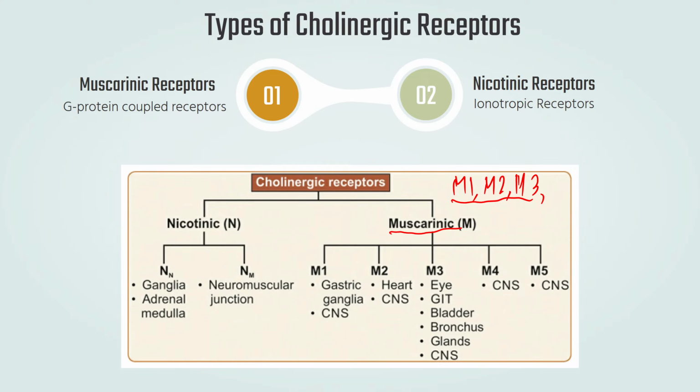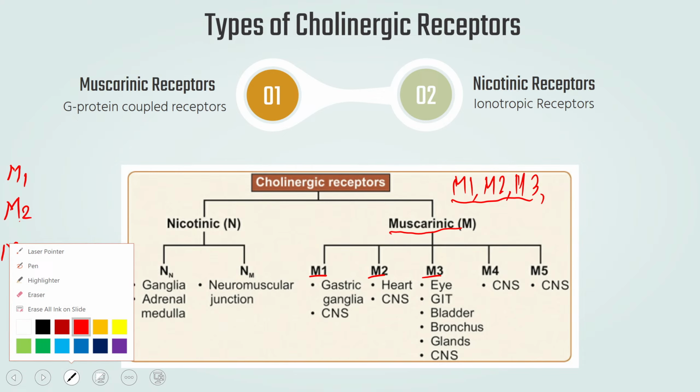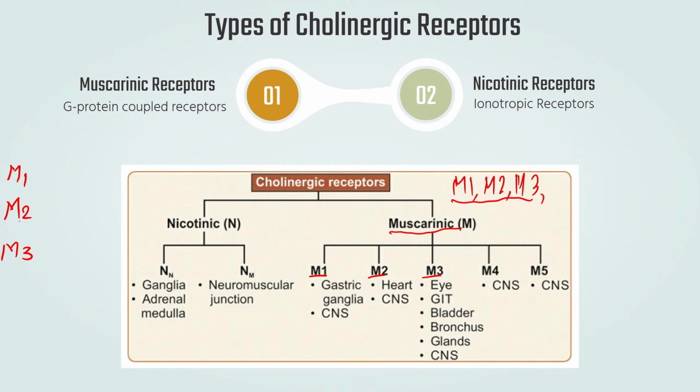So the location of M1. Now how to remember this? There are many tricks on how to remember the location of these receptors and their actions. Mainly remember this: M1 and M3 both stimulate whichever organ they are present in.